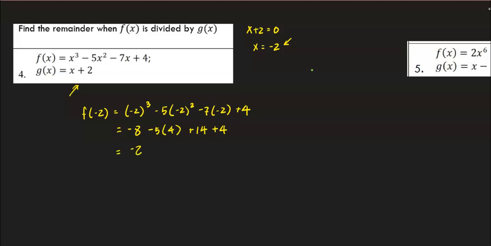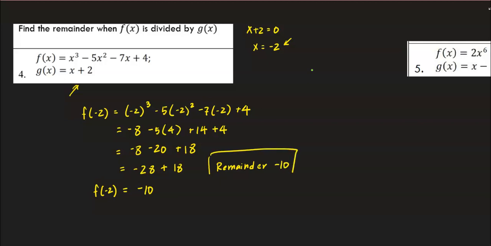That is going to be a -8 minus 20, and that's plus 18. That is going to be -28 plus 18, which gives me a -10 as my output. And so the remainder of this is the output, so that is going to be -10.